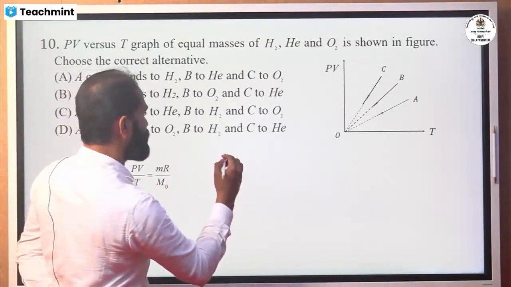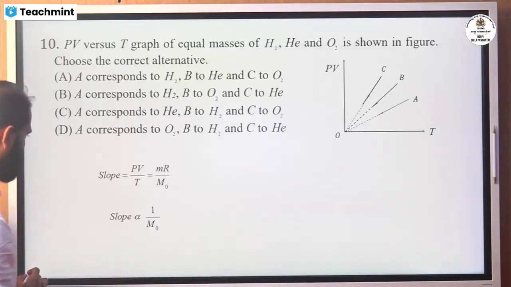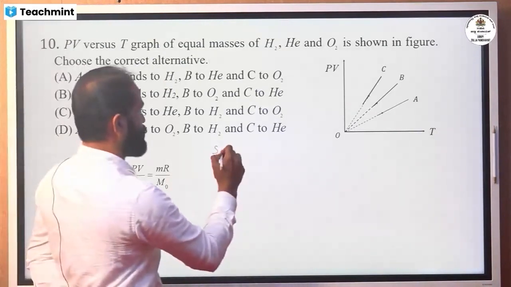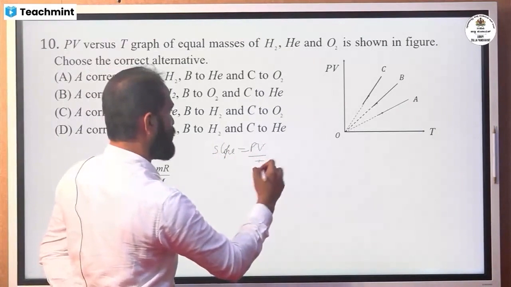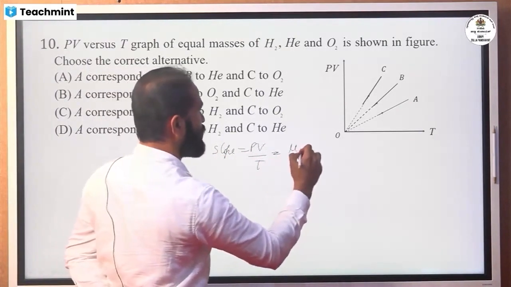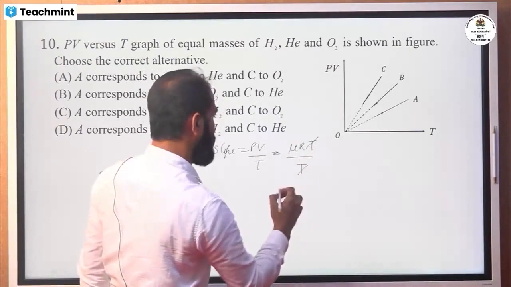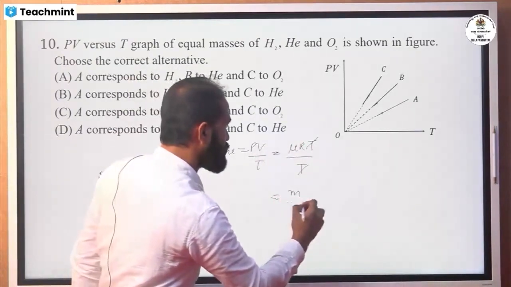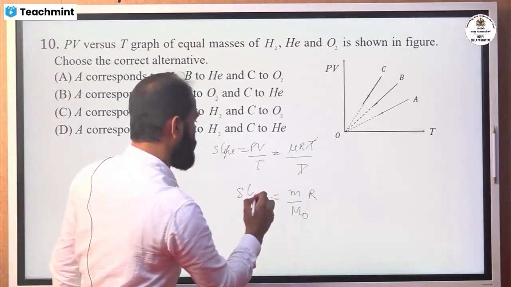Slope is PV divided by T. In place of PV, I will write mu RT divided by T. So T and T cancel out. In place of mu, the number of moles, I will write mass divided by molar mass, into R. That is nothing but the slope.